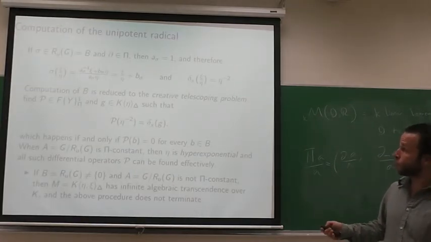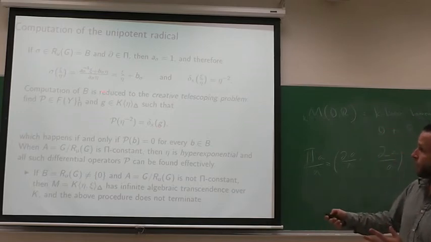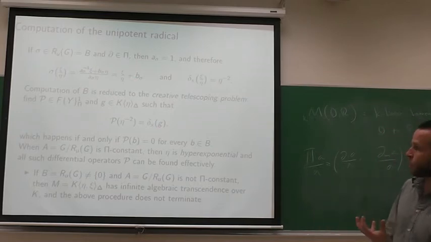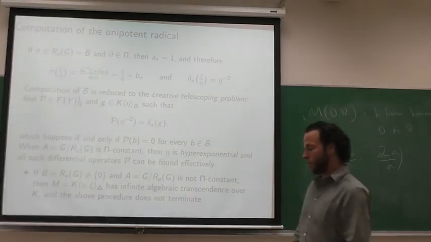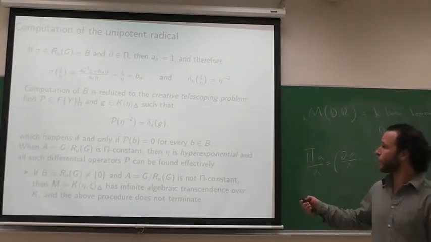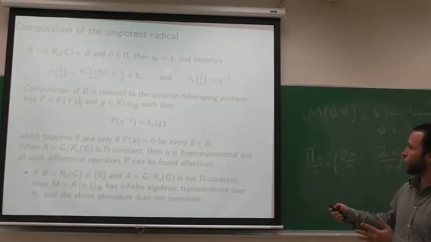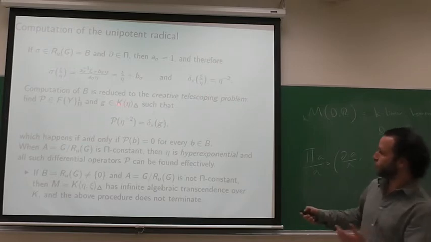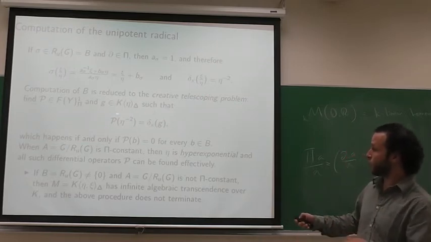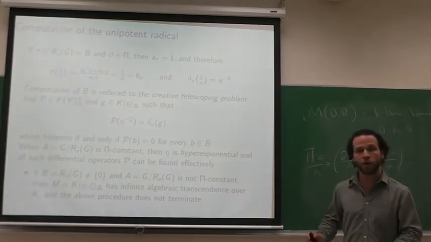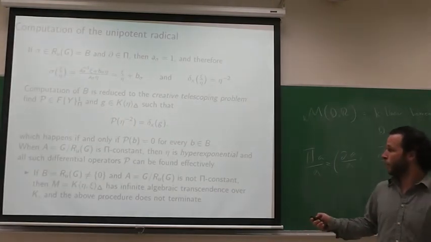So now, to compute the unipotent radical, you make very similar arguments. You can write down concretely how sigma is acting on the solutions that you haven't adjoined yet. And these computations allow you to reduce the computation of B to solving a creative telescoping problem. So far you don't need anything, this always holds.